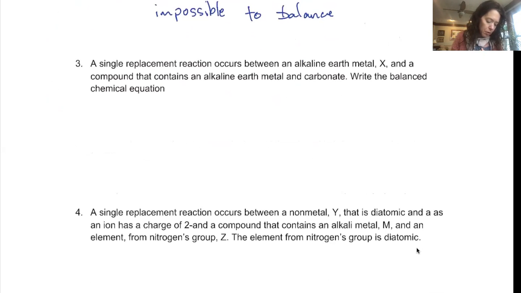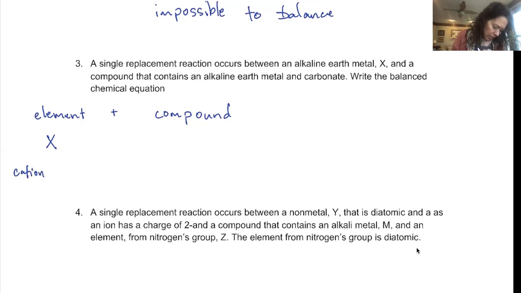We have a single replacement reaction. Well, that's typically an element reacting with a compound, right? Okay. This occurs between an alkaline earth metal, X. Okay, so the element is X, and it's an alkaline earth metal. So I know that as a cation, it has a X2+ charge, okay?